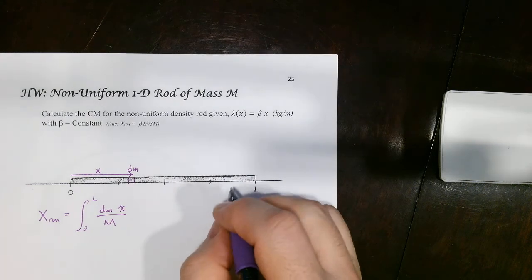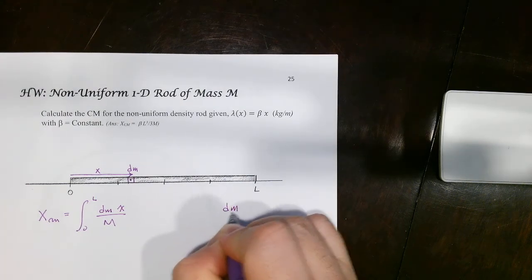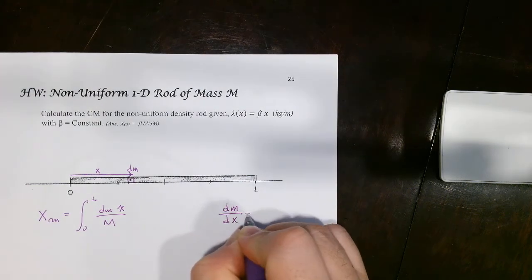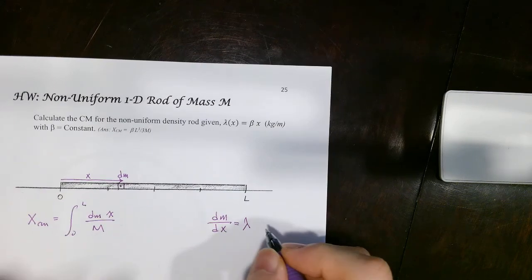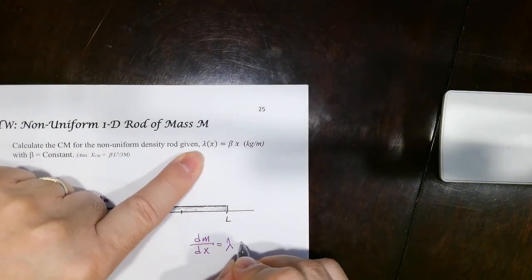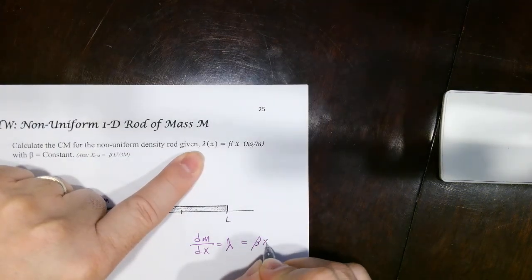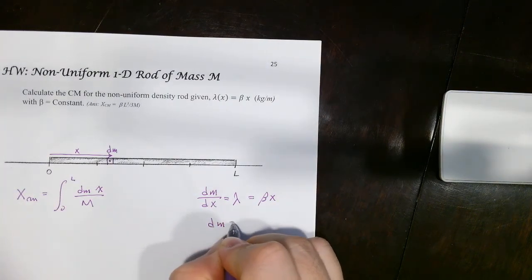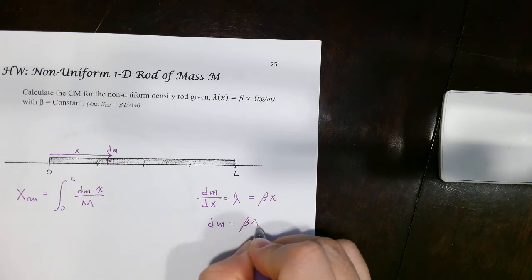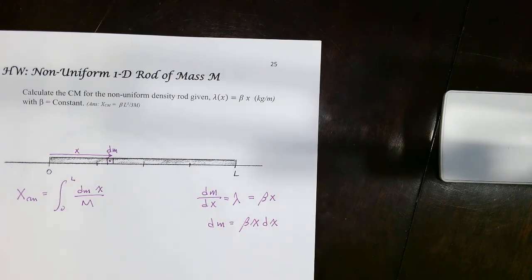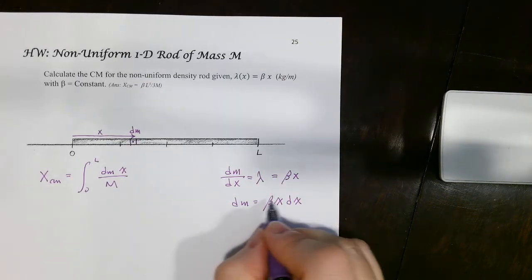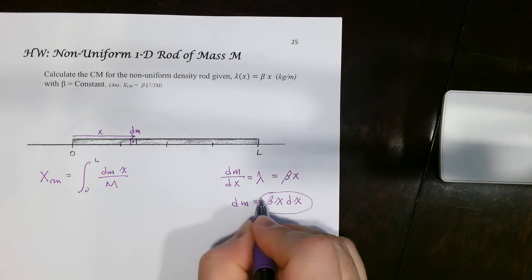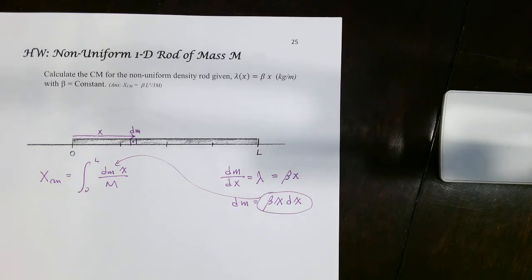So we know that dm over dx is equal to lambda, but they also gave us lambda as beta x. So my dm is equal to beta x dx. So when I substitute this into my dm, right?